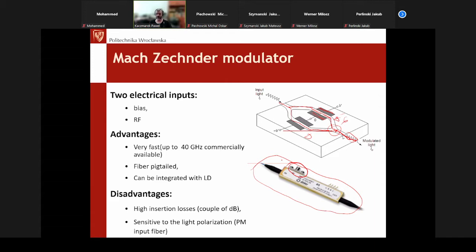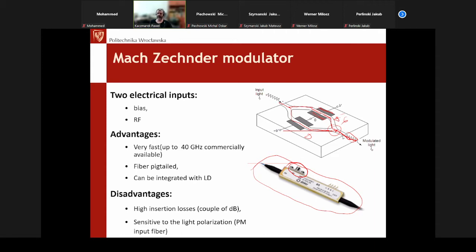They are using such fast modulation, and the modulators are typically fiber pigtailed. The input fiber is typically PM fiber, because the whole device is quite sensitive to polarization. So we need to maintain and control the input polarization for such a modulator.